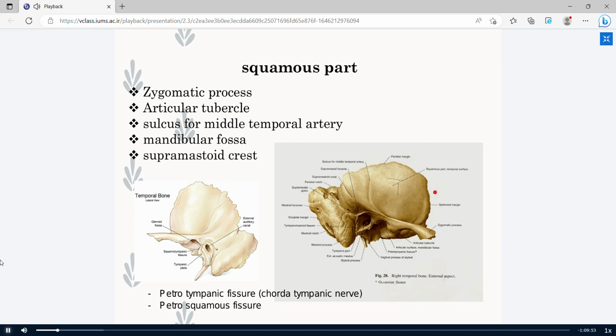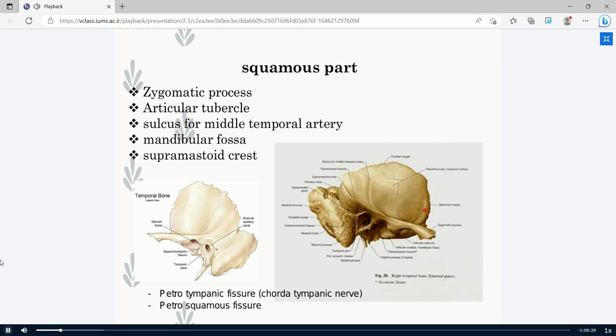This is the squamous part. The squamous part is the largest portion of the temporal bone, and it has two surfaces, the outer or external surface and the inner or internal surface.